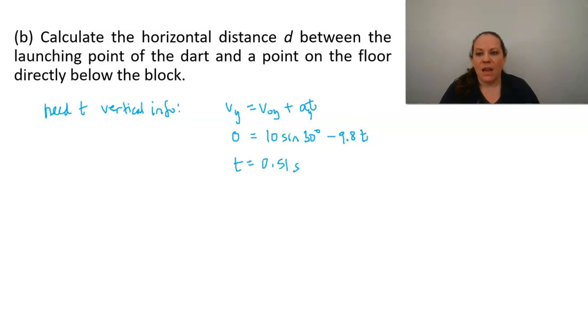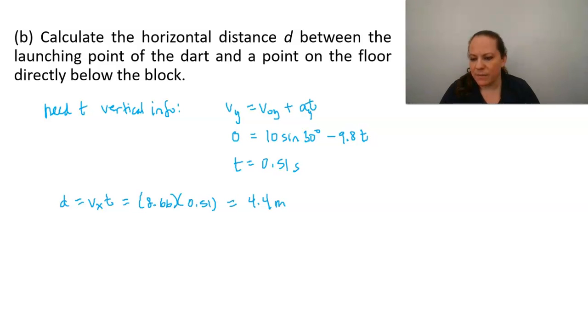seconds. And now we can figure out that horizontal distance d by multiplying the horizontal velocity times time. So we'll take our 8.66 meters per second that we just found in the previous part and multiply it by our 0.51 seconds here, and we're going to get 4.4 meters.